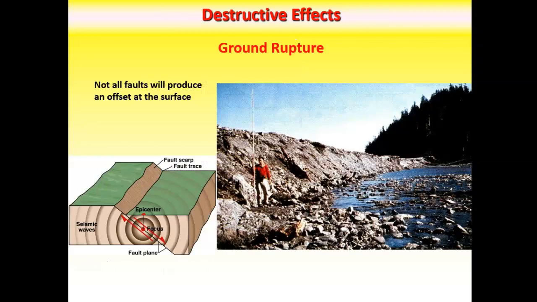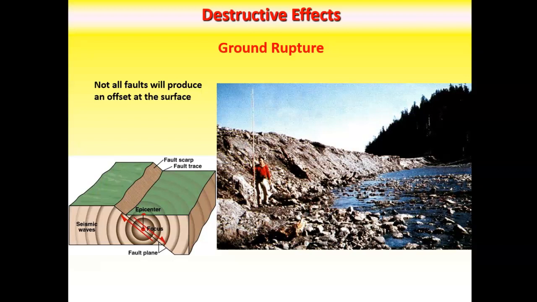But when we talk about things that occur from earthquakes, certainly the ground can rupture. It doesn't always make it to the surface, of course, but on occasion we see the fault plane actually coming to the surface and being exposed. Obviously if your home or structure was built across this and the ground elevated or dropped, that's going to have some impact on how well your structure will survive the event.